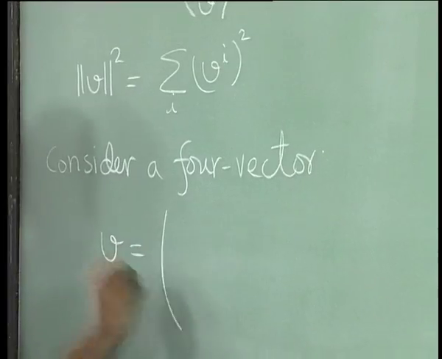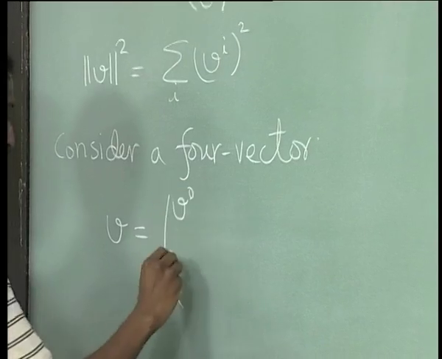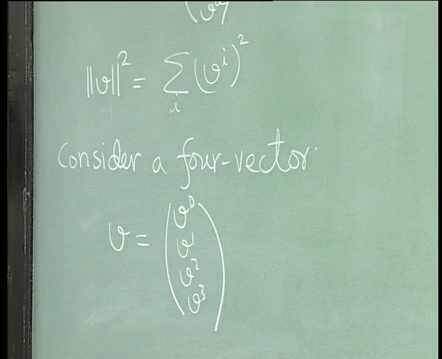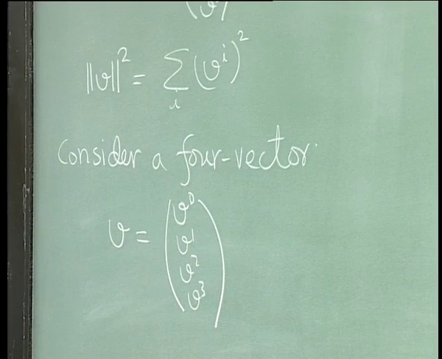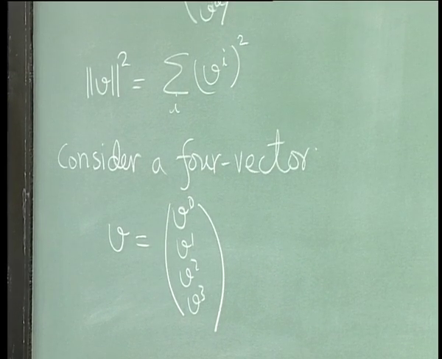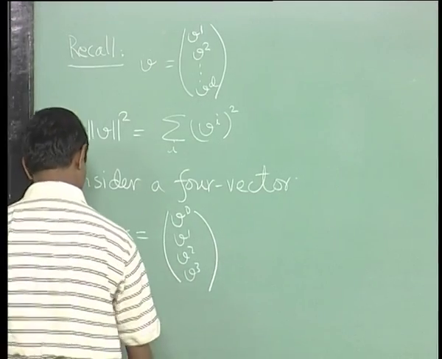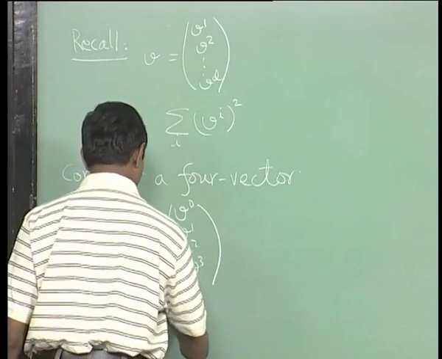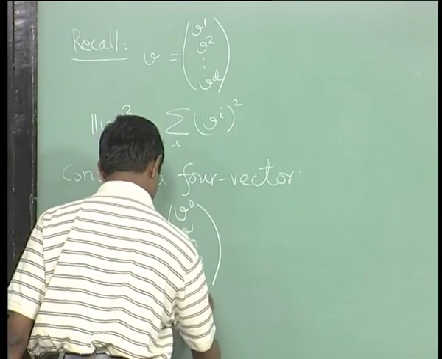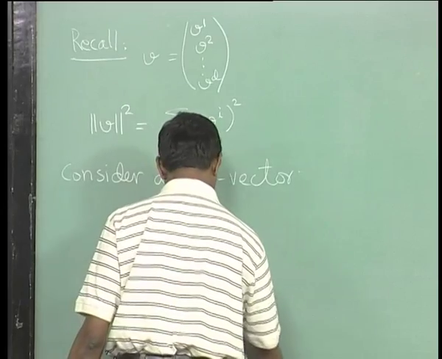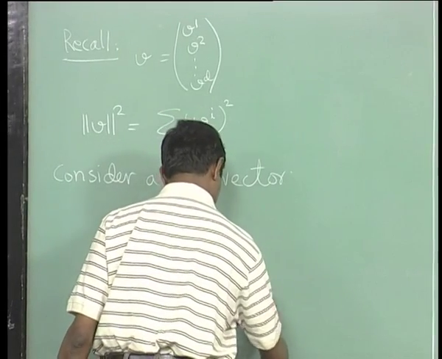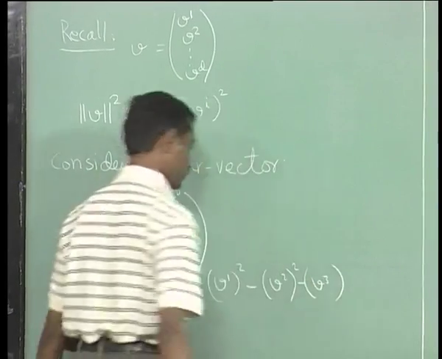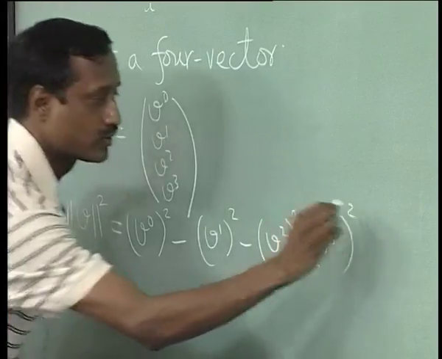I will use the same notation, but we already saw examples of 4 vectors, and I will define a norm which is slightly different from this.